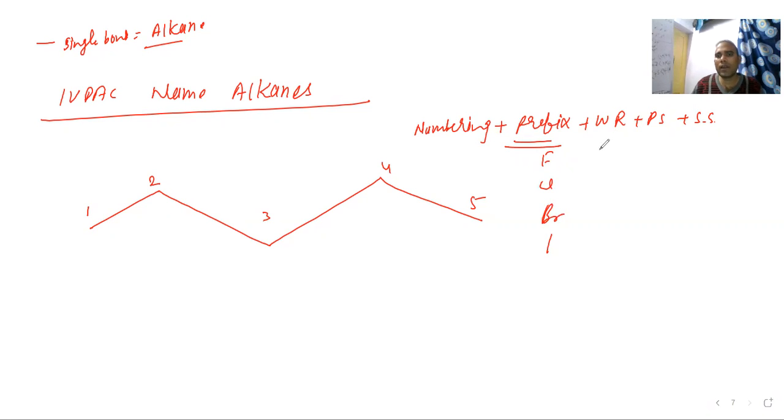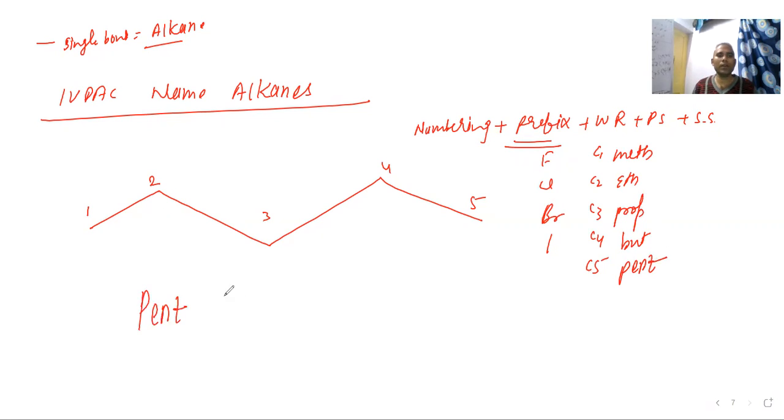Word root is there: C1 to C5. One carbon is meth, two carbon eth, three carbon prop, four carbon but, five carbon pent. Single bond is there, so pent plus ane, that is pentane. Can you understand this? Yes, sir.